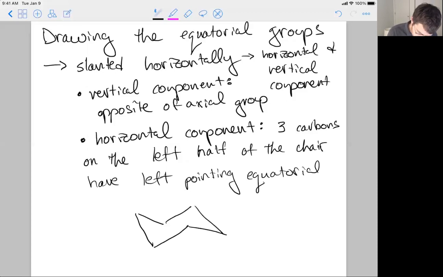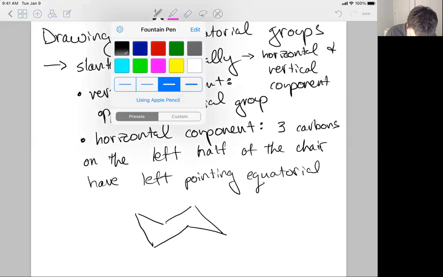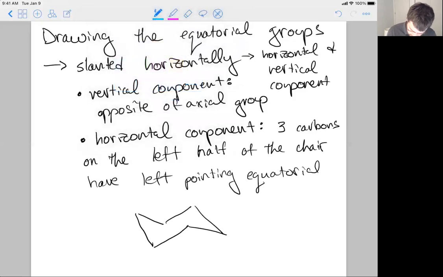What I'm going to do is draw the axial positions for each of the three carbons. Now what I'm doing is cutting this chair structure in half. So there are 1, 2, 3 carbons on the left side and 1, 2, 3 carbons on the right side.